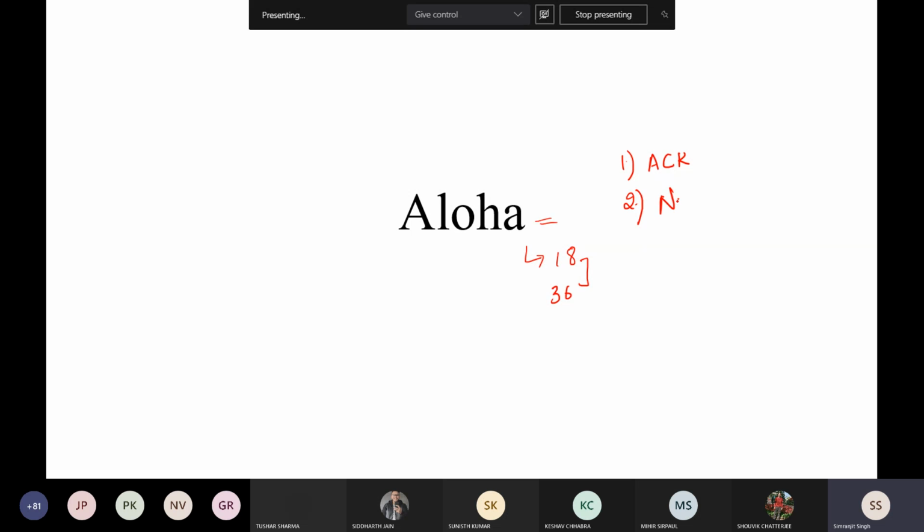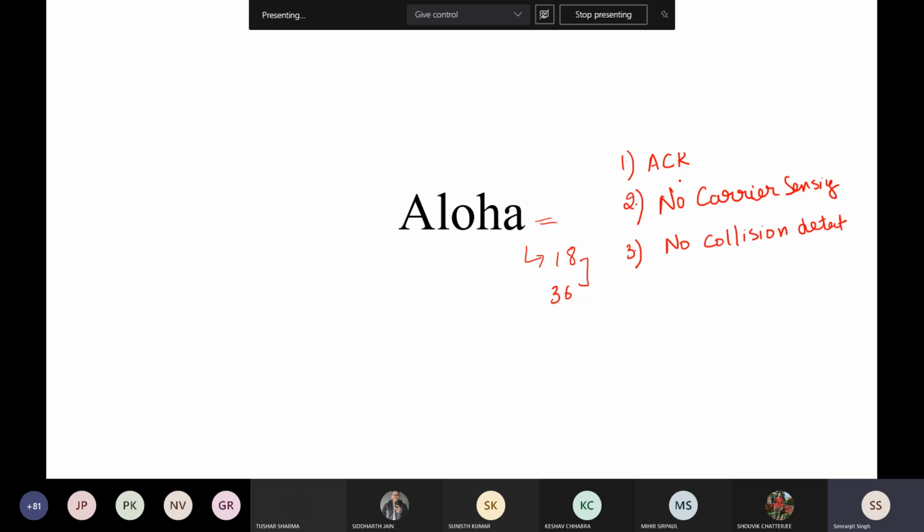So no carrier sensing is required, and collision detection is also not required. You can easily detect a collision, because if your acknowledgement does not reach you within a particular amount of time, you can tell there is a collision.